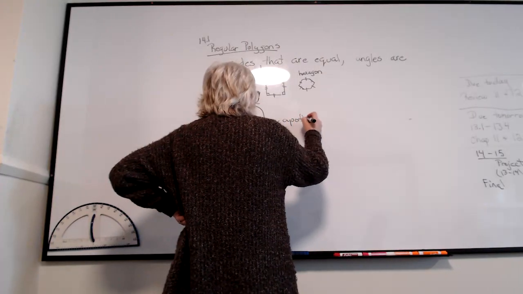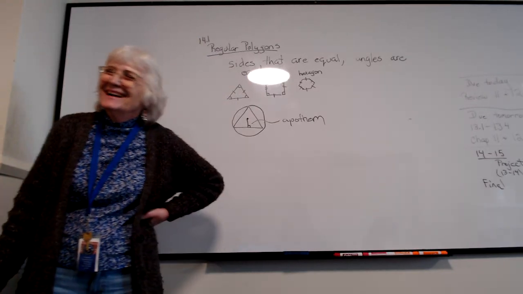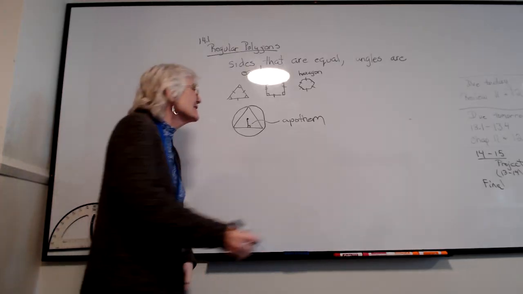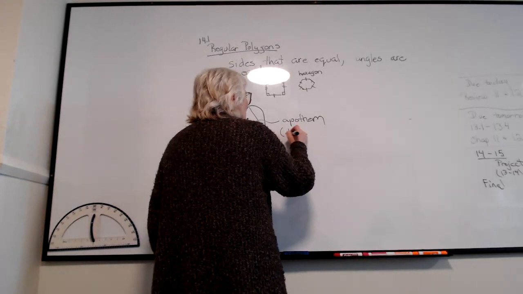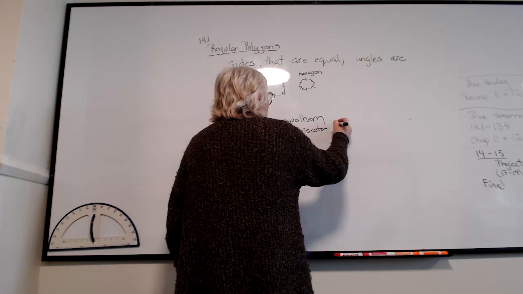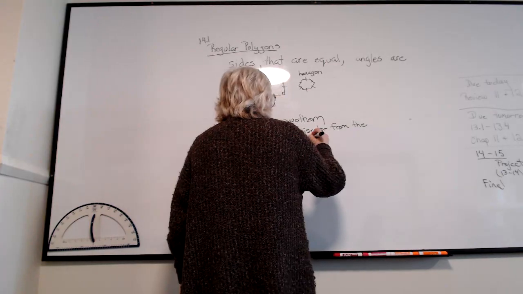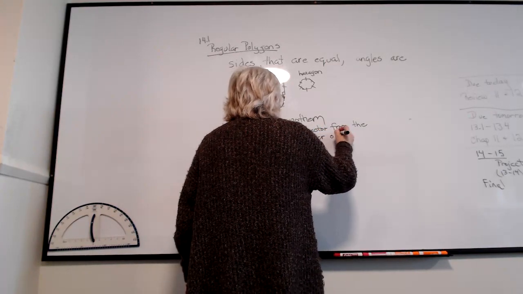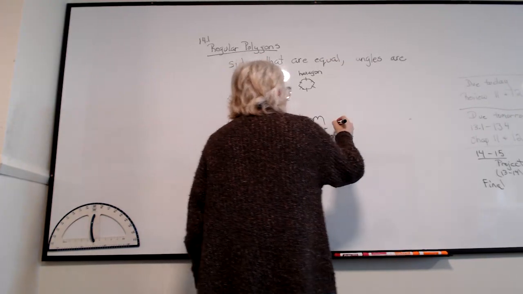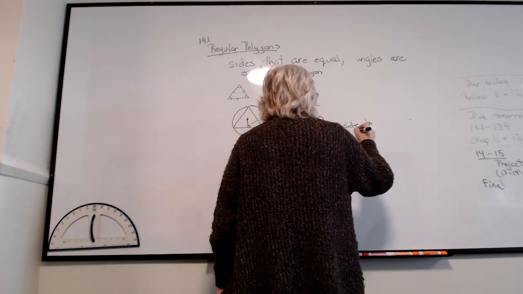Opothem. Yes, it's an opothem. That is basically the perpendicular bisector of a side to the center of the circle.